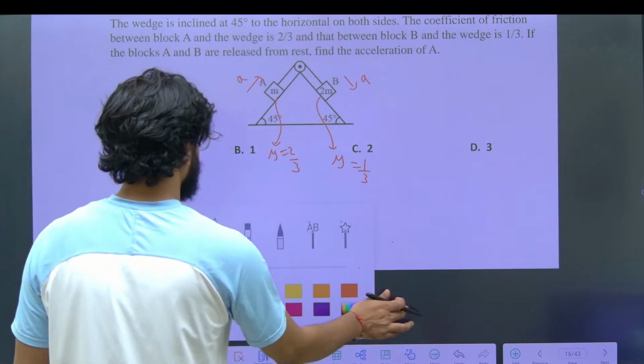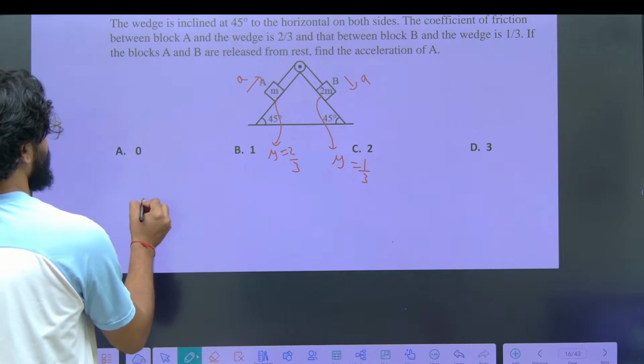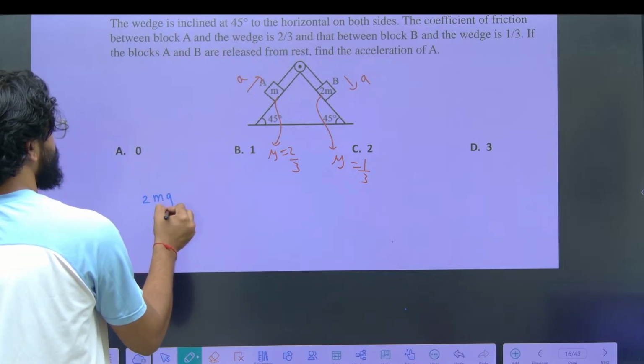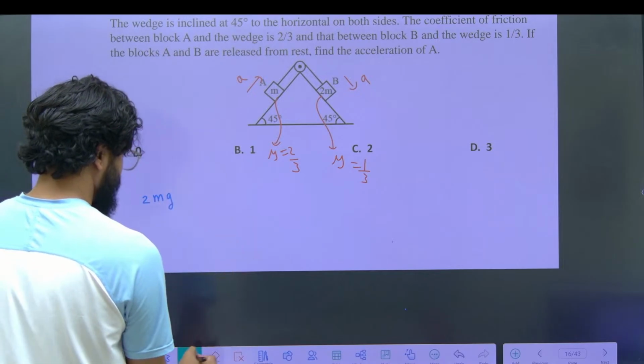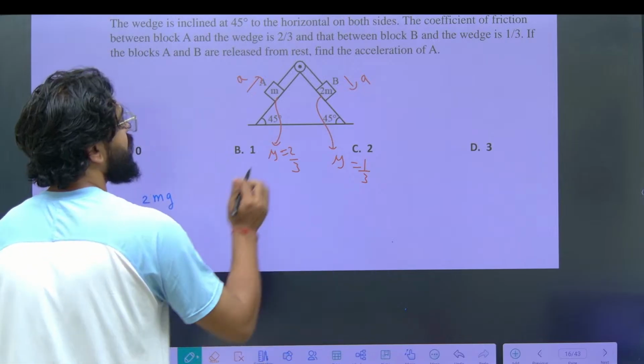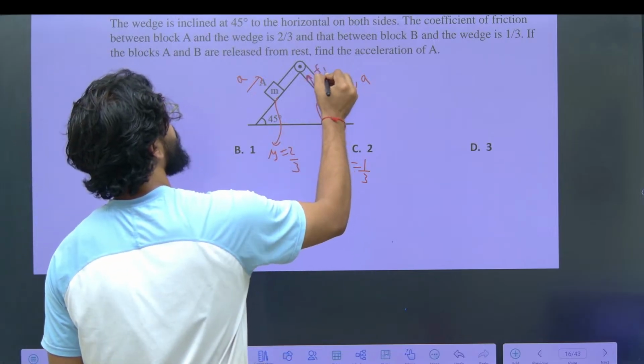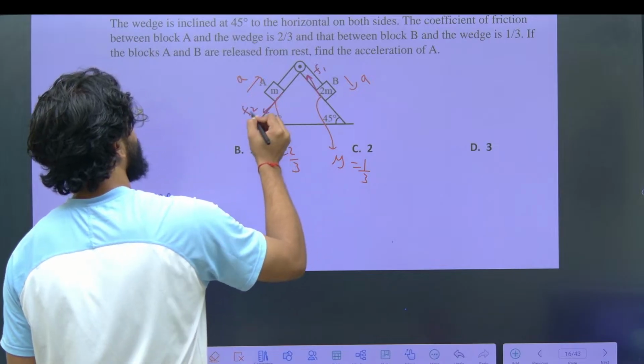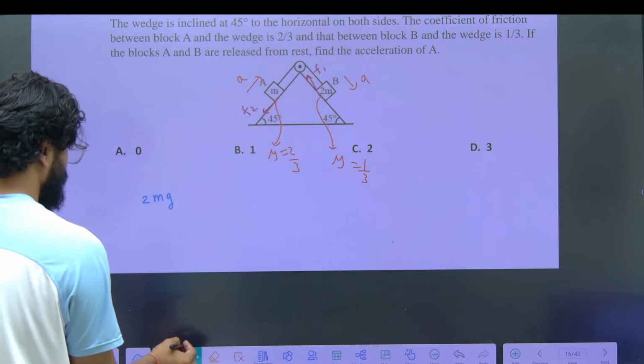So can we write 2mg, because friction in both of the cases will be in this direction, right? This is friction 1, this is friction 2, so opposite to them only.